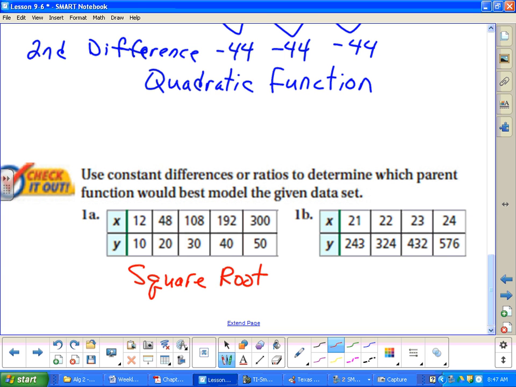And if we look at 21, let's see. Or 21, look at letter B then, okay? That one's going to be a little bit different.